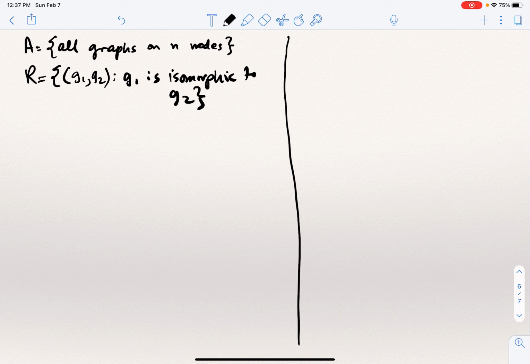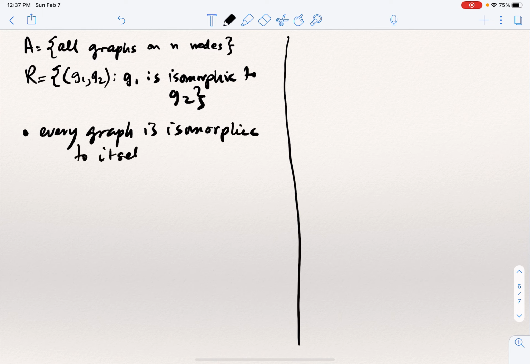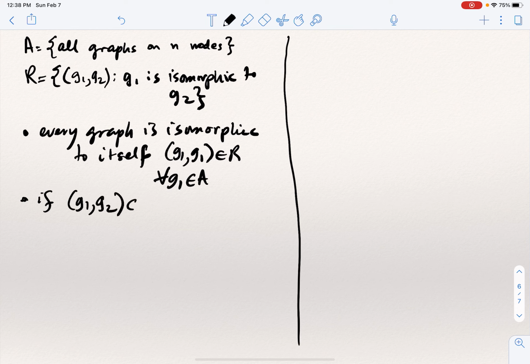If you look at this relation, every graph is isomorphic to itself. So in other words, (G1, G1) is in this relation for every G1 in A. Also, if (G1, G2) is in the relation, then (G2, G1) is also in the relation.